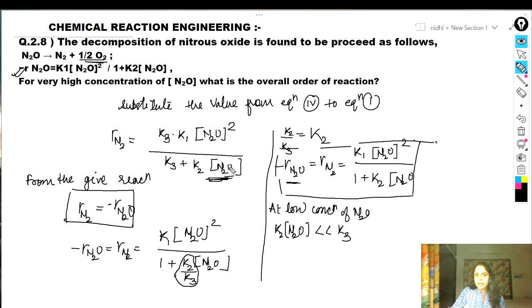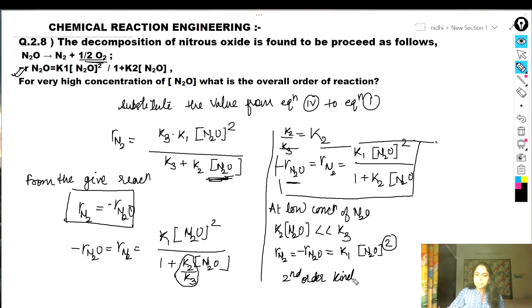So here, only K3 will be there and K3 cancels. Then Rn2 is equal to minus Rn2O will be equal to K1 N2O square. Then the order which you get is second order kinetics. So the rate here follows second order kinetics, right?